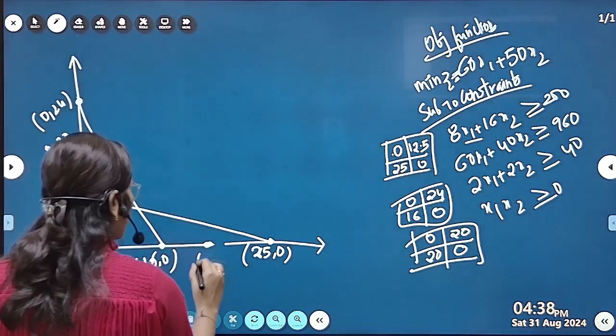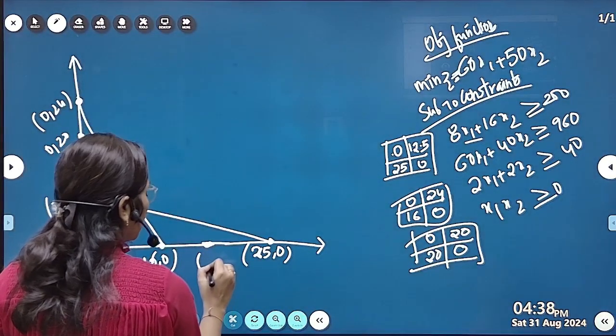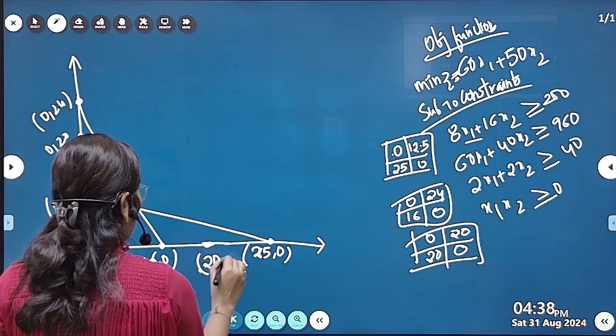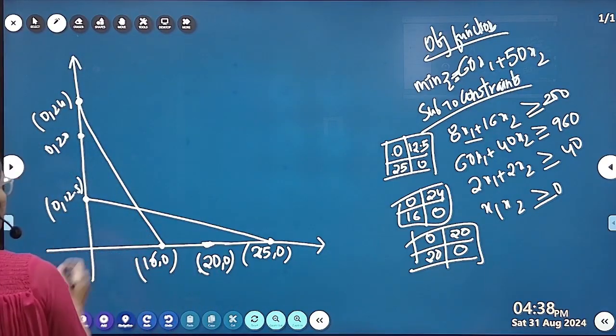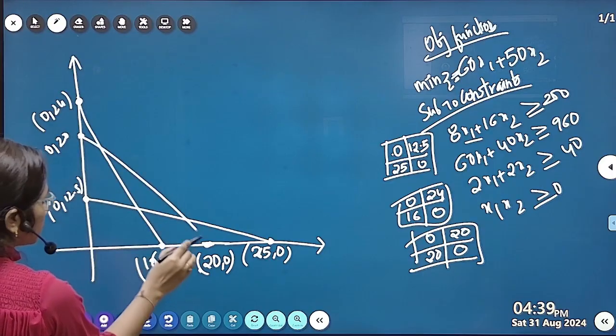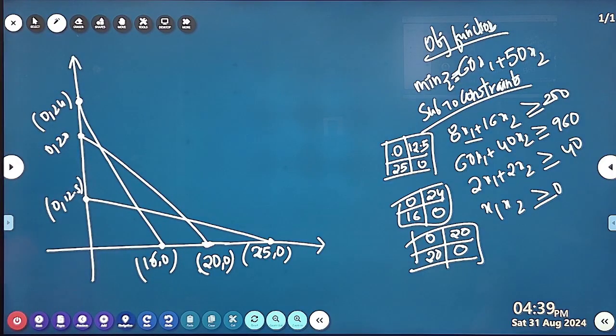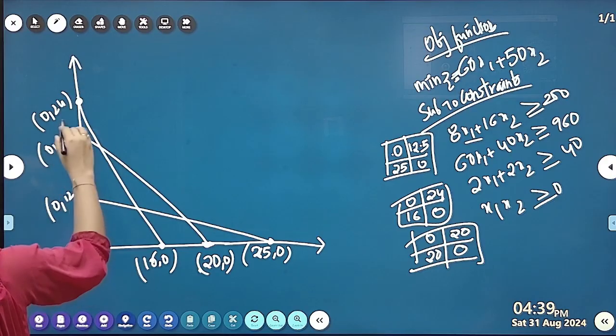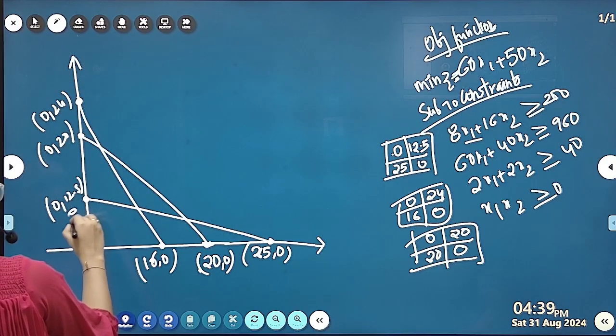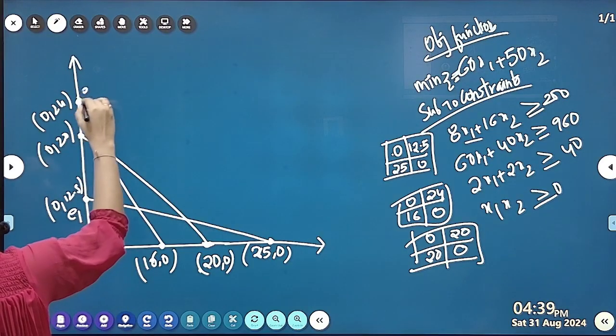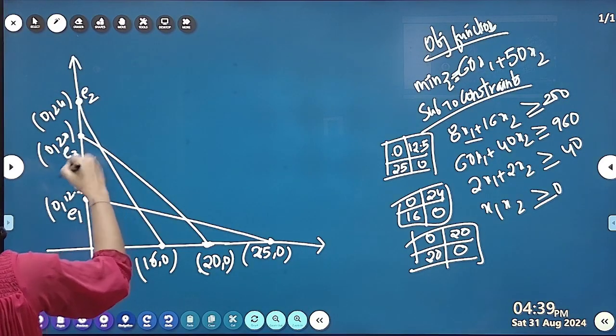You can draw on your own, don't go through my table. Okay, so this is the graph you will get. Is that clear? This is equation 1, this is equation 2, and this is equation 3.